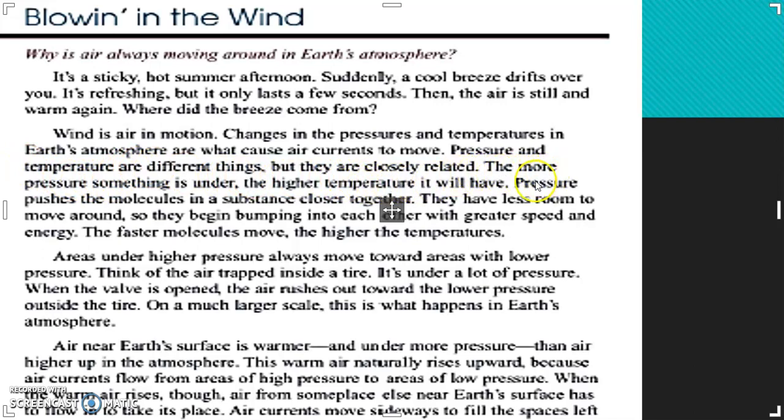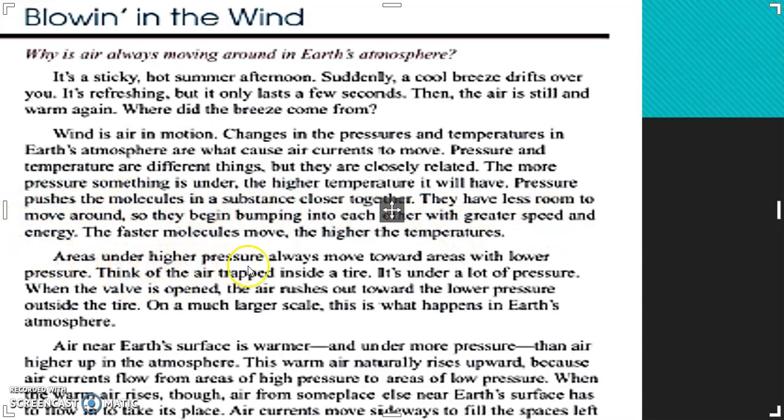Pay attention: the more pressure something is under, the higher temperature it will have. So in other words, if we have more pressure, it's going to be hot, right? Pressure pushes the molecules in a substance closer together.